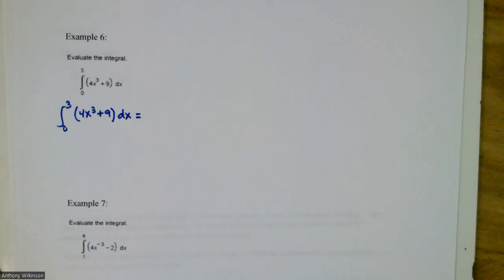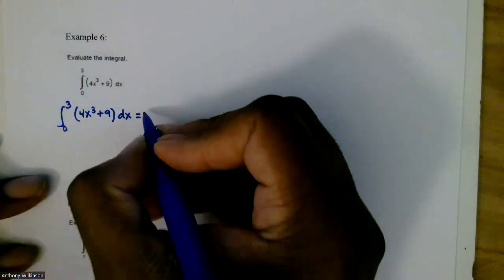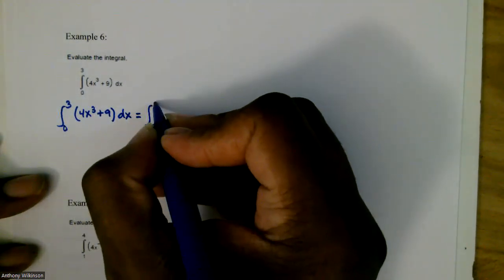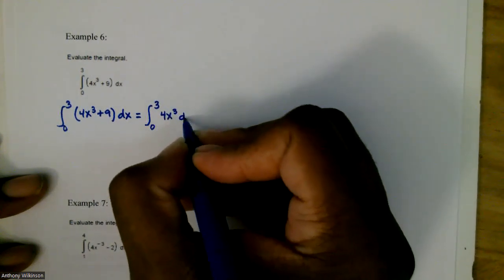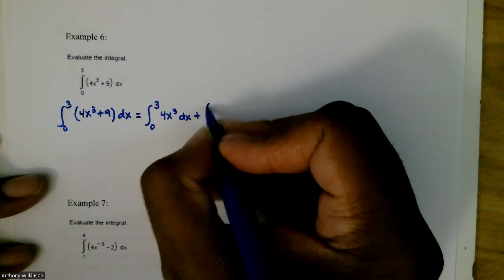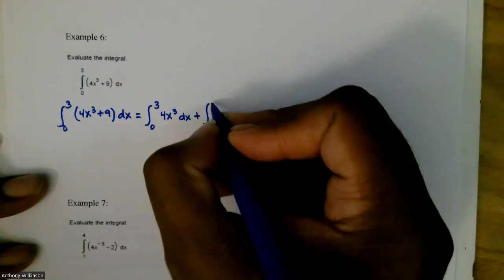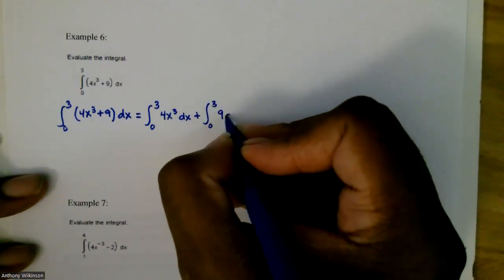So here I got the integral of a sum. I can write that as a sum of their individual integrals. So this will be the integral from 0 to 3 of 4x cubed dx plus the integral from 0 to 3 of 9 dx.